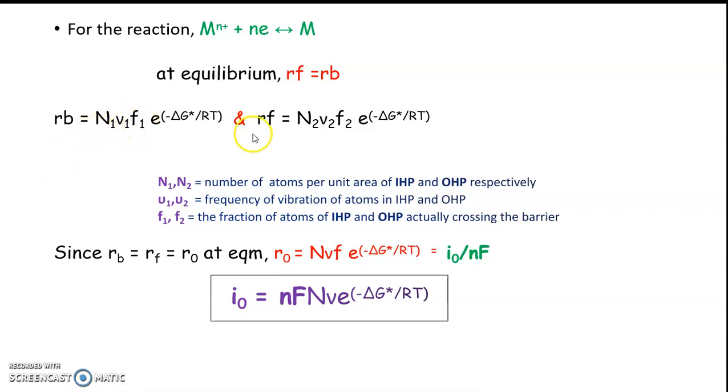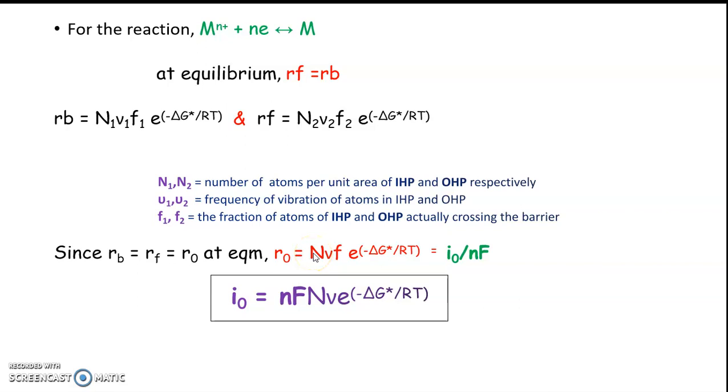If N1 and N2 can be written as N, we are assuming that the same number of atoms are involved in both of the processes. In both processes, the same number of atoms are involved, and their frequency of vibration is fixed as 10 raised to 13 second inverse.